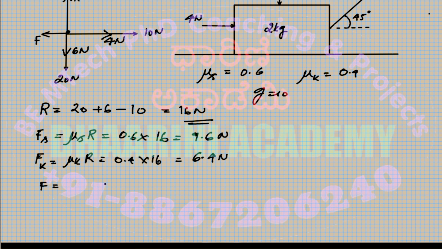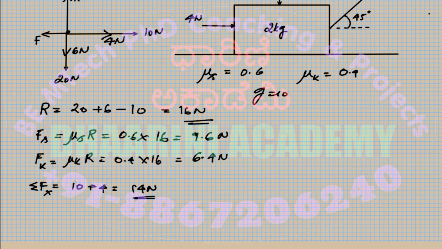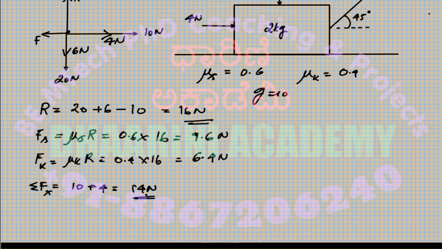Okay, so let us try to calculate the total F. Net F in the x direction is only positive, so that is 10 plus 4, that is 14 Newton, right, to the right side. Now I just have to find out whether the total F is greater than Fs or Fk.